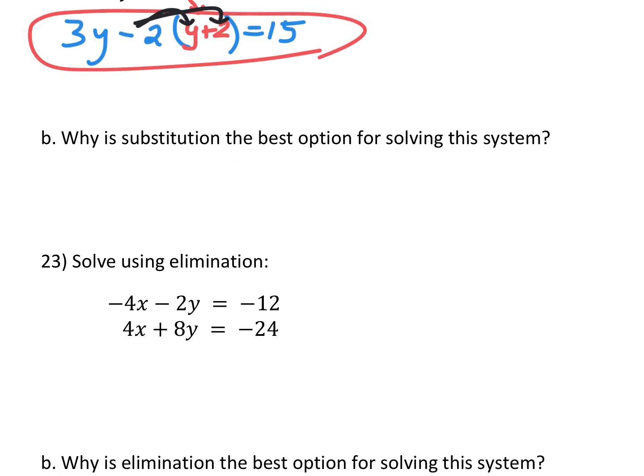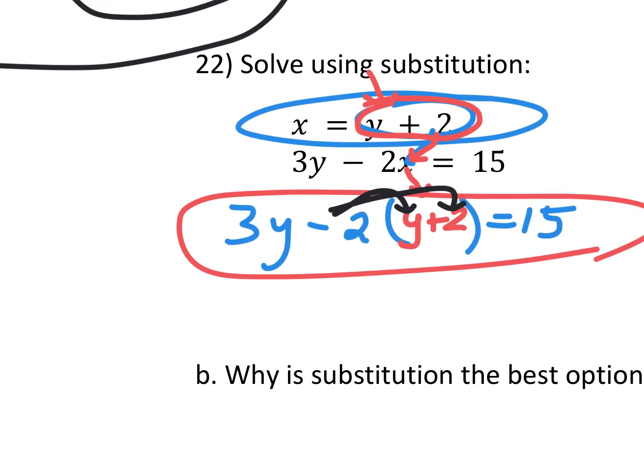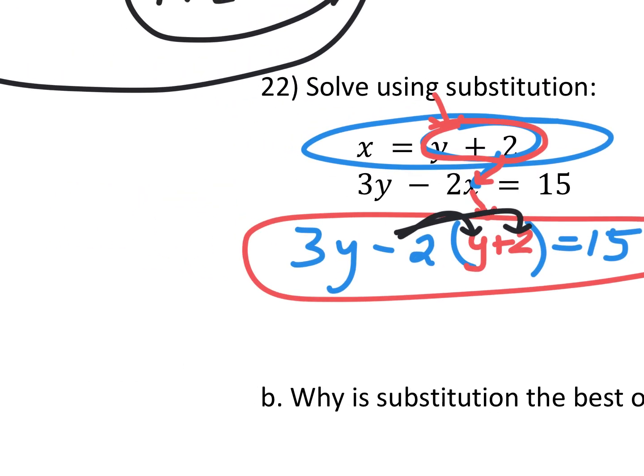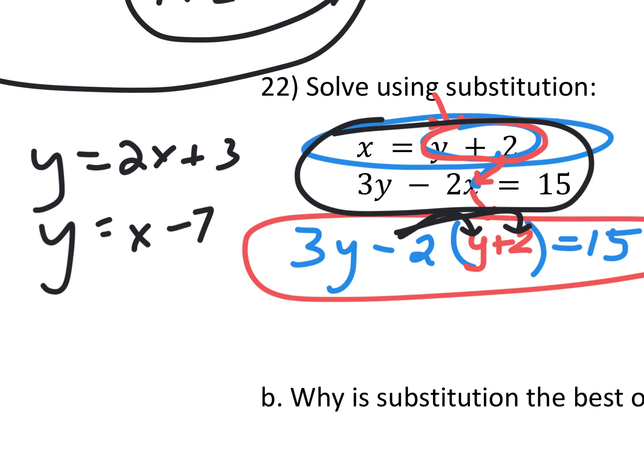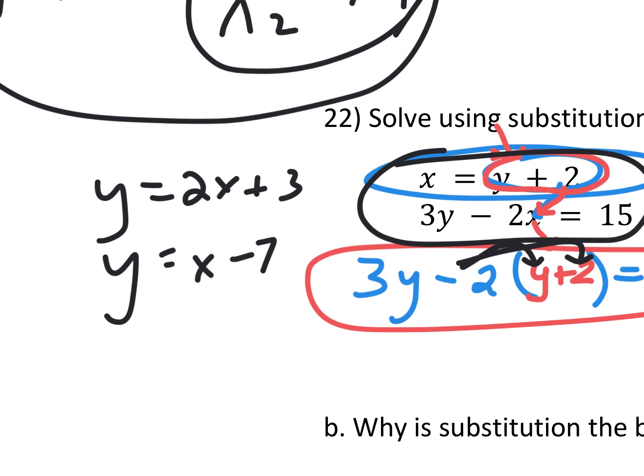All right. Letter B. Why is substitution the best option? Well, there were 3 choices. You could have graphed it. But do you remember on graphing, you really want them solved for y? Like if you had to graph this and this, it wouldn't have been too hard because they're solved for y. Are these both solved for y? No. That's why graphing was not good. So there's another way called elimination. Do you guys remember that deal where you draw a line under it?